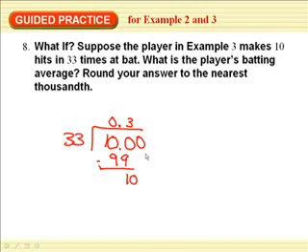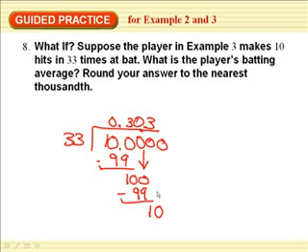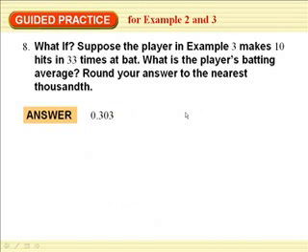Bring down the 0. It won't go in there, so we add another 0 to bring down. Goes in there 3 again, which is going to be 99. Add the 0. Won't go in there. So it'd be about a .303 batting average.